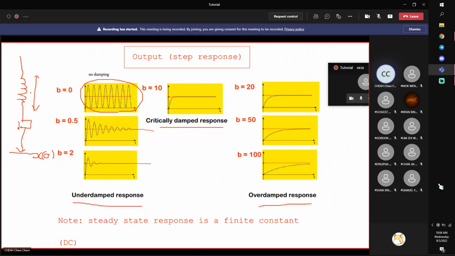So this will just go on and on, or at least it will last for a very, very long time before it finally decays. So without friction, it will just keep oscillating. But with friction, with air friction for example, it has to come to a stop, eventually at the equivalent position. And how fast it stops depends on how much damping you have. If you have more friction, then more damping, then the oscillations will stop faster.